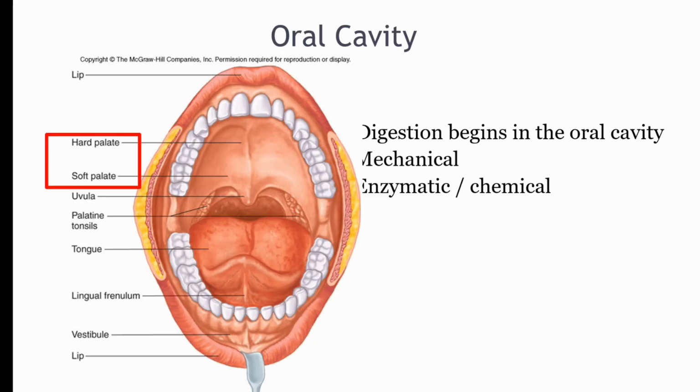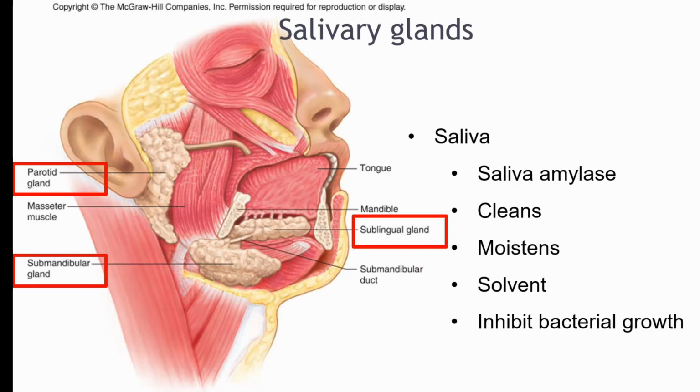It helps to dissolve a lot of the foods that we eat. It also includes some immunoglobulins, which are antibodies that help fight foreign materials, in addition to immune cells, your white blood cells that are resident in the oral cavity. So all of these have a significant role to play.